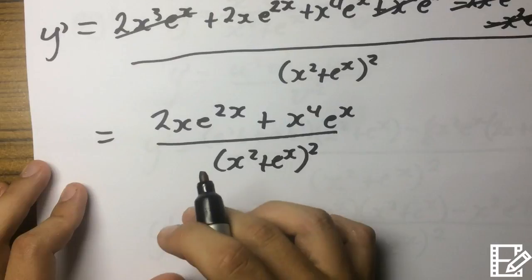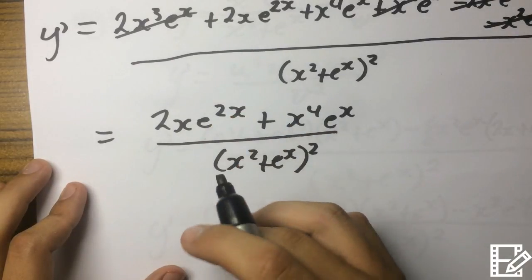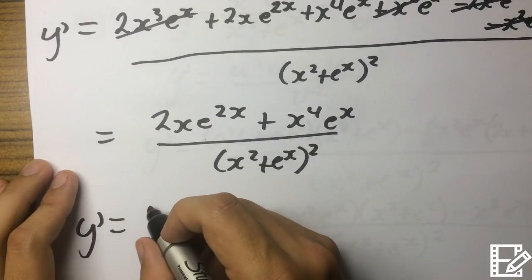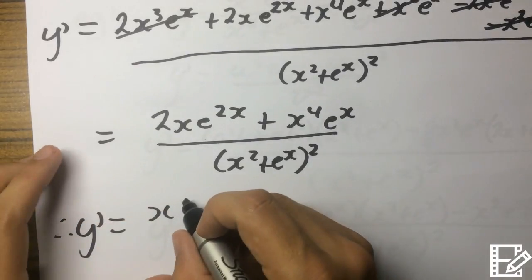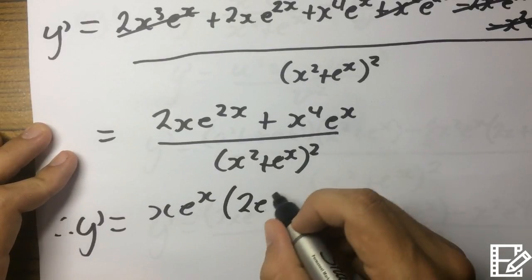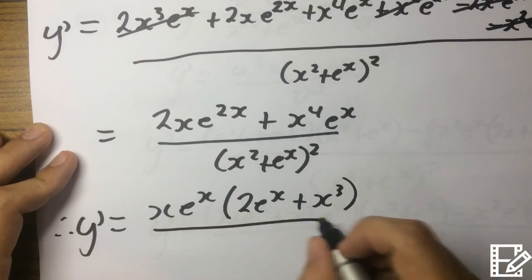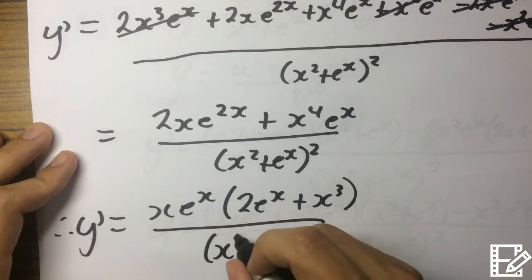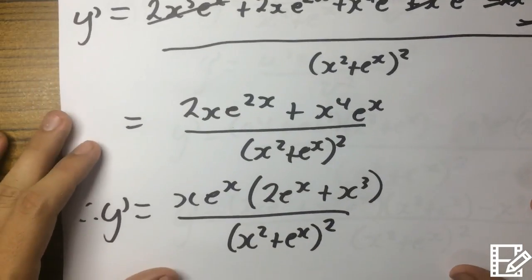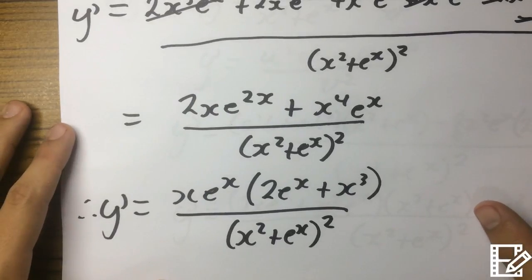Now I'm going to factor out an x from each of these and the e to the x from each of these. So the derivative will therefore be x e to the x, 2e to the x plus x to the power of 3, over x squared plus e to the x. And that is my simplified version. Okay, that is the derivative.